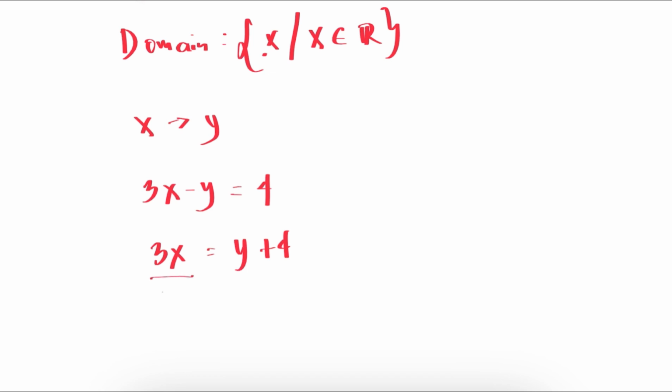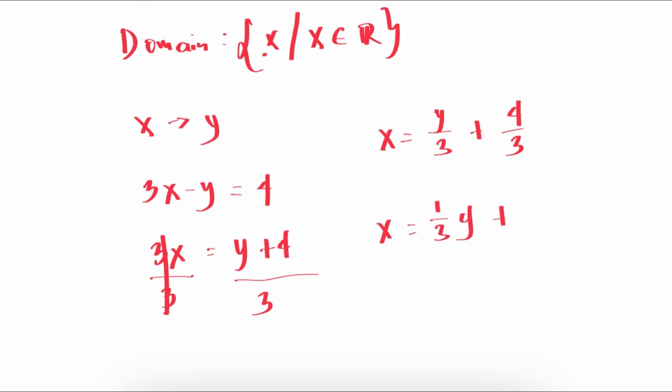Then divide by 3 both sides. So we cancel this out. We have x is equal now to y over 3 plus 4/3, or this also can be rewritten as 1/3 y plus 4 over 3.